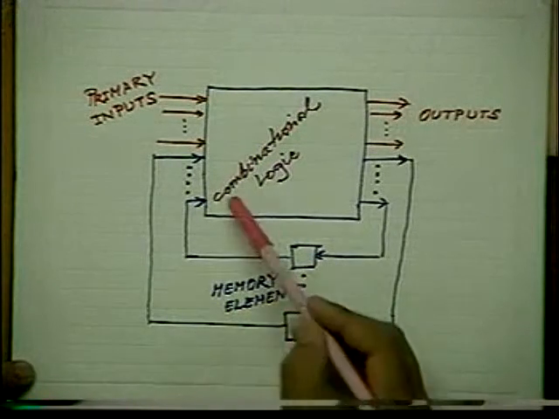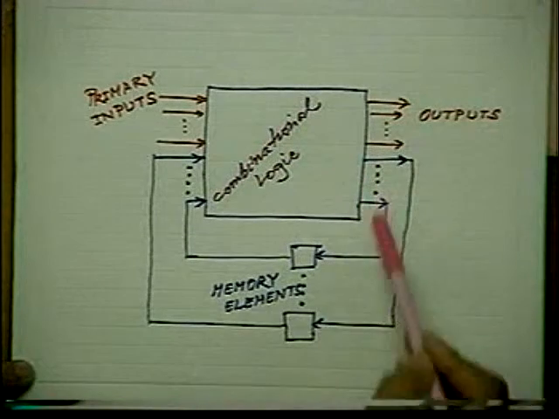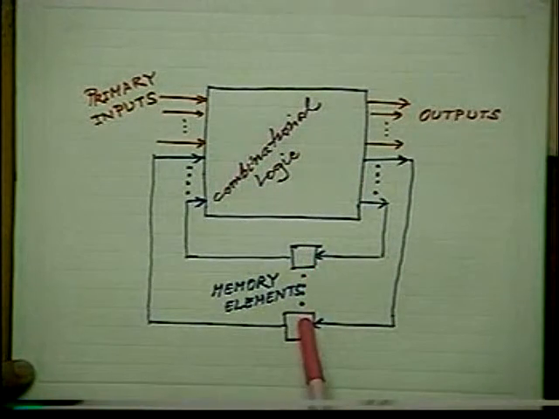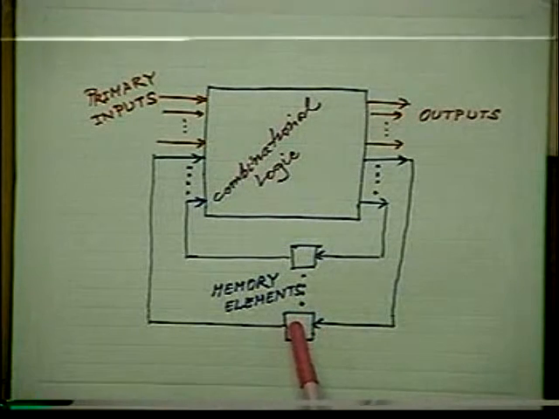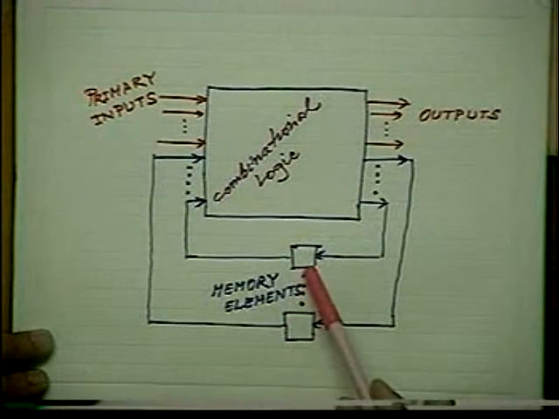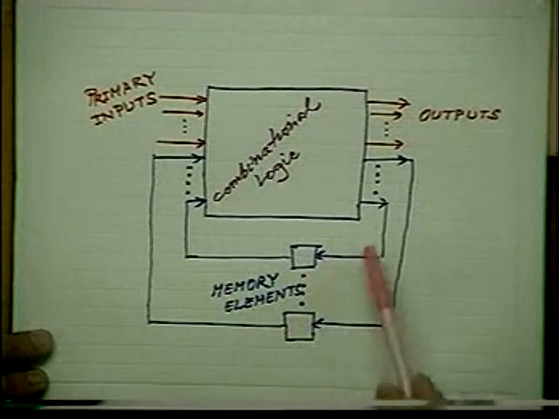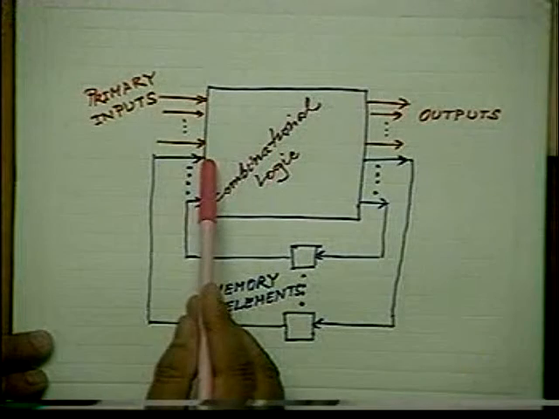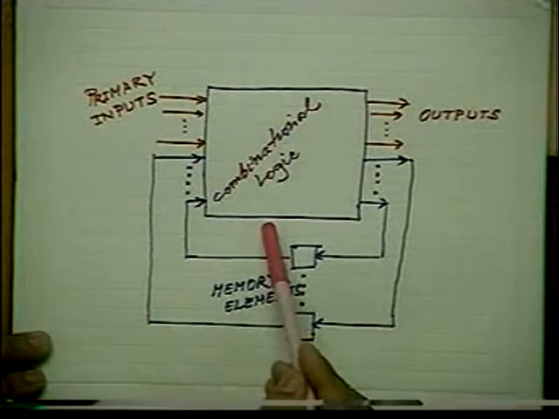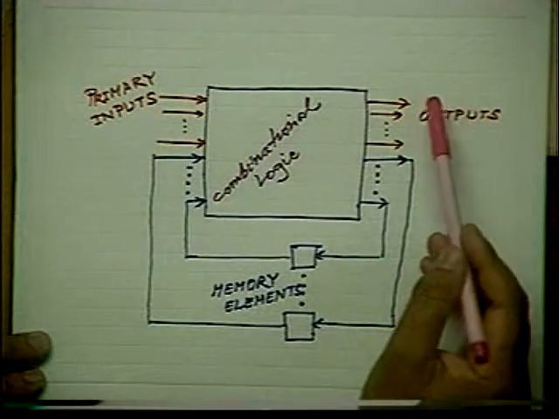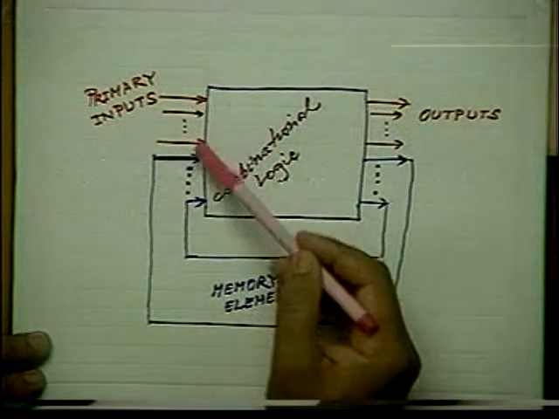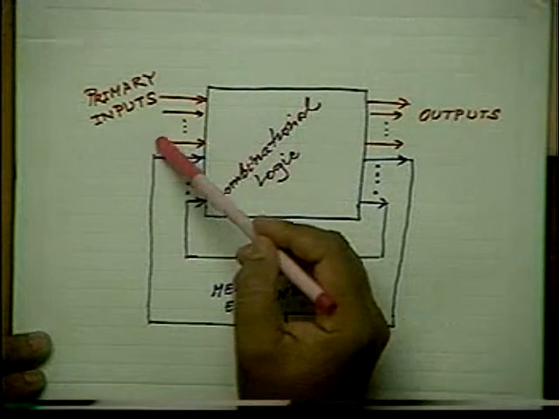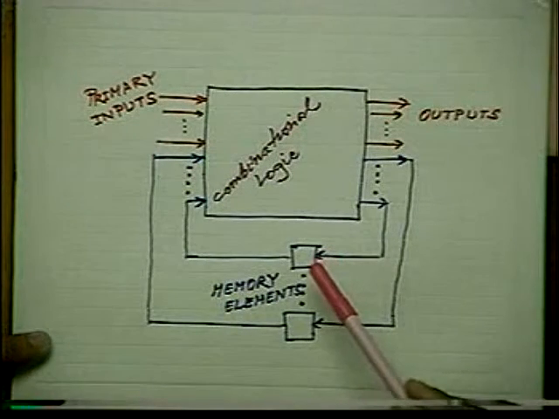This is a combinational logic once more, but this feedback is made available over to it, and this makes it dependent upon the previous input, because the state of the flip-flops will depend upon what input was applied previously. Since this comes as a secondary input once more to the combinational circuit, the outputs, being dependent upon the primary inputs as well as the secondary inputs, will depend upon what input was applied in the past.